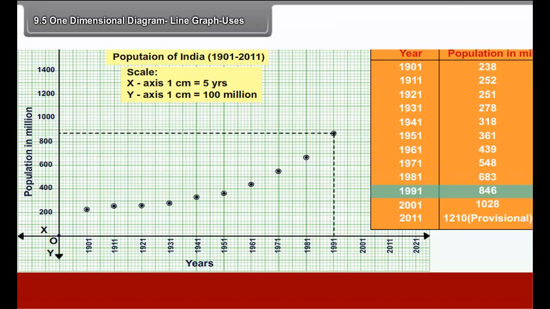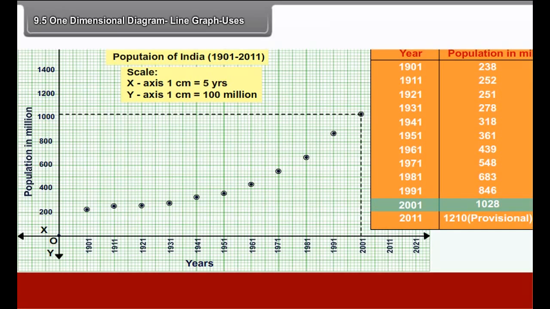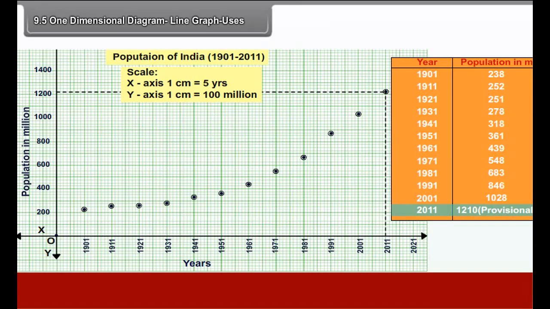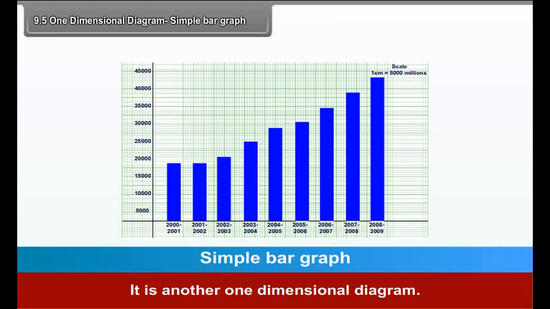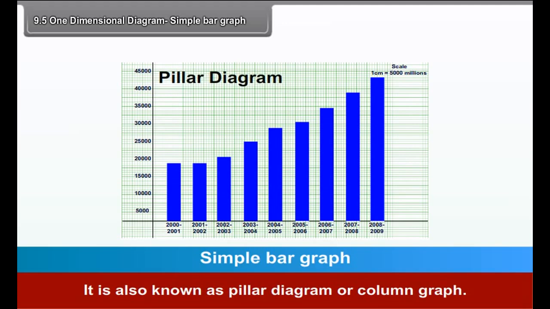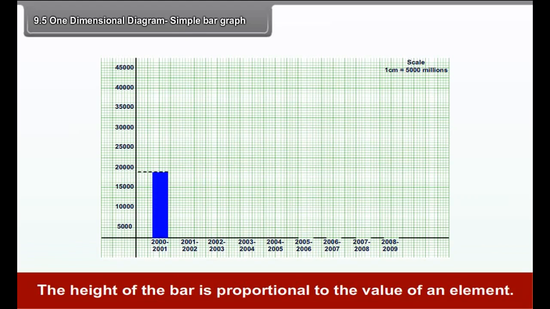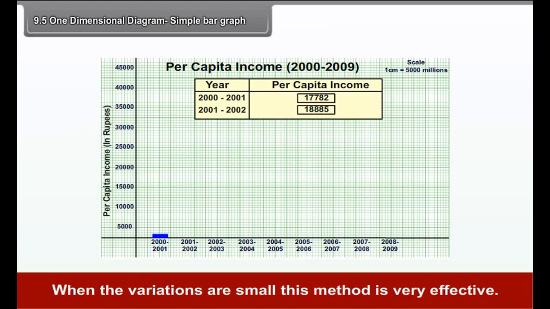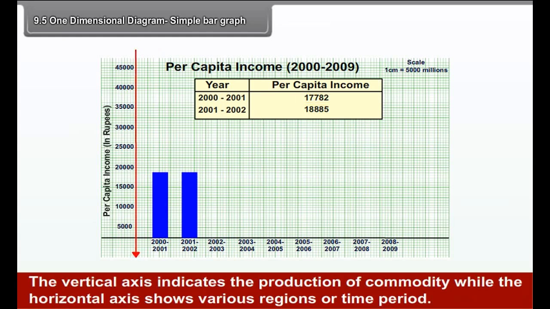Year 1901, 238; 1911, 252; 1921, 251; 1931, 278; 1941, 318; 1951, 361; 1961, 439; 1971, 548; 1981, 683; 1991, 846; 2001, 1028; 2011, 1210, provisional.